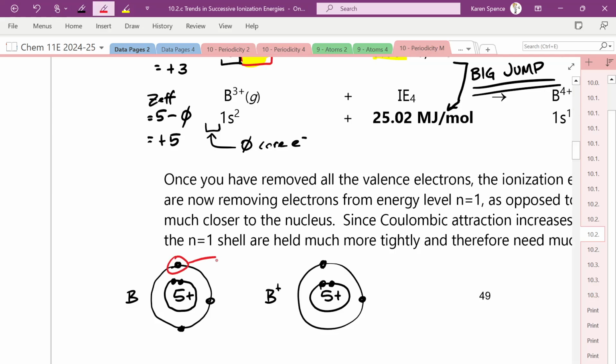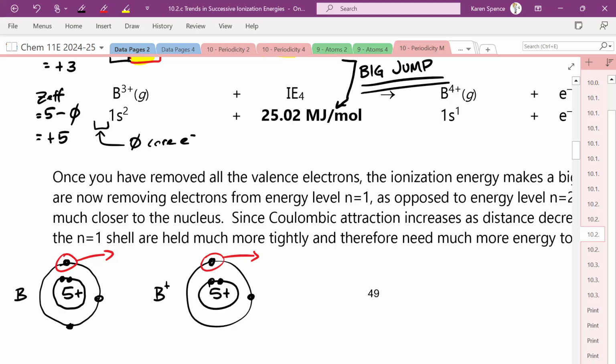We'll take out one of these. We'll take out one of these. 5 plus. These are your 1s2 electrons, and then we're left with one of these. And this is B2 plus.